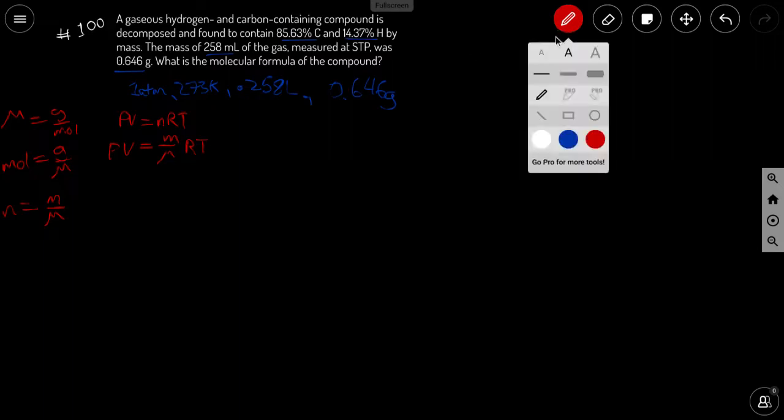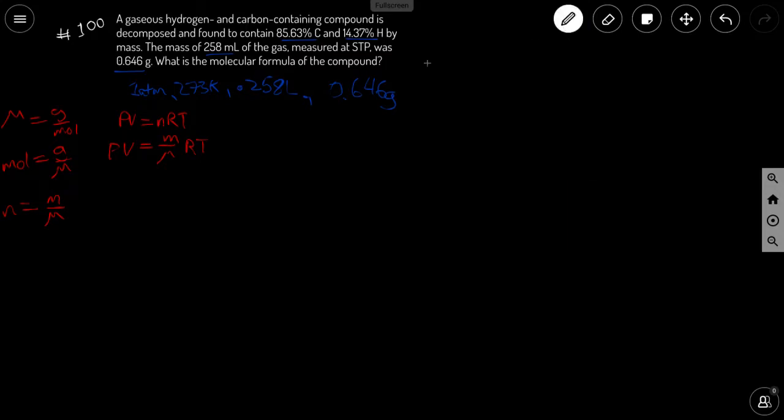I'll show you what I mean by that. It's that simple. And I'll go ahead and convert it to moles using stoichiometry.